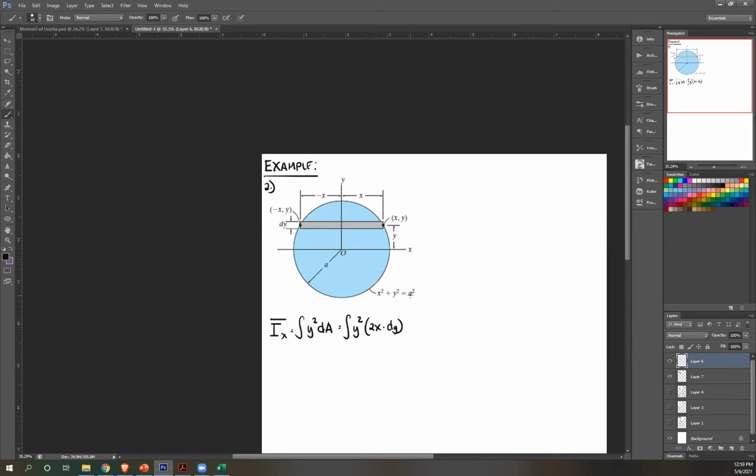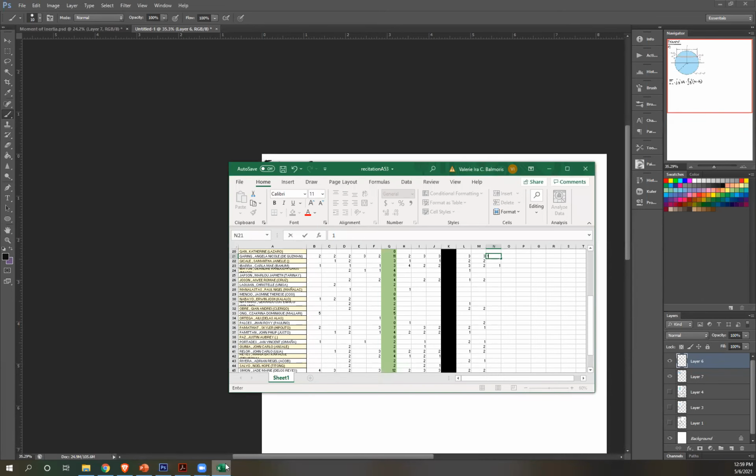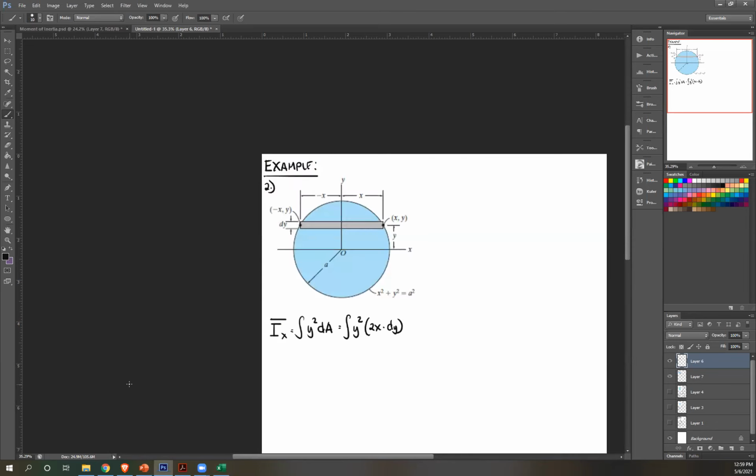Okay, so how did it become 2x? Base times height, right? Area of your rectangle. Base is this length. Now, this is your circle. Therefore, from this point up to this point, that's your length x. However, we need the total length. And since this is a circle, it's symmetrical, therefore this is also x.